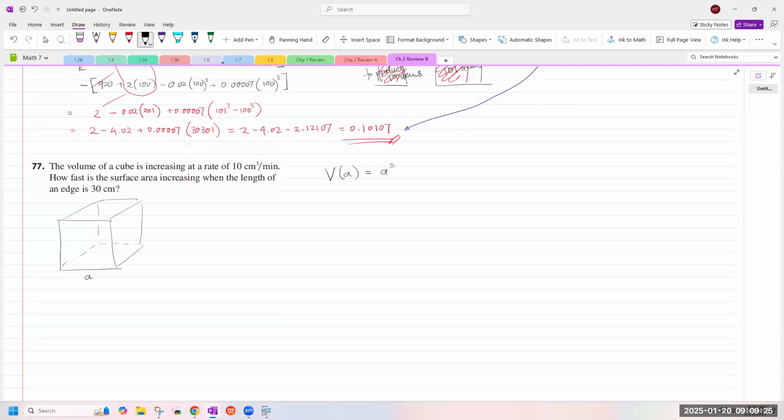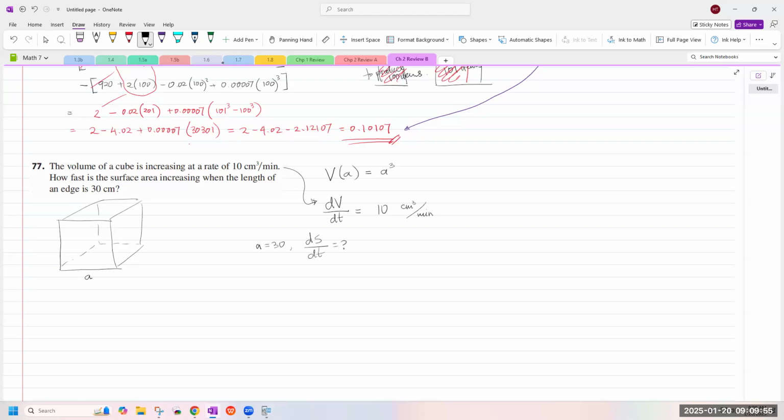Now, according to this passage, the change of the volume with respect to time is increasing at 10 cubic centimeters per minute. The question is, how fast is the surface area increasing when the length of the side is 30? So at a equals 30, how fast is the surface area increasing?